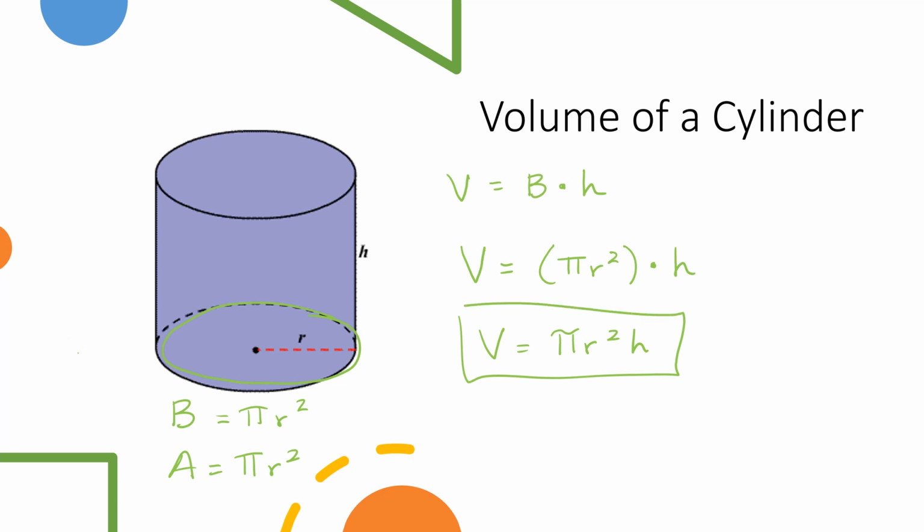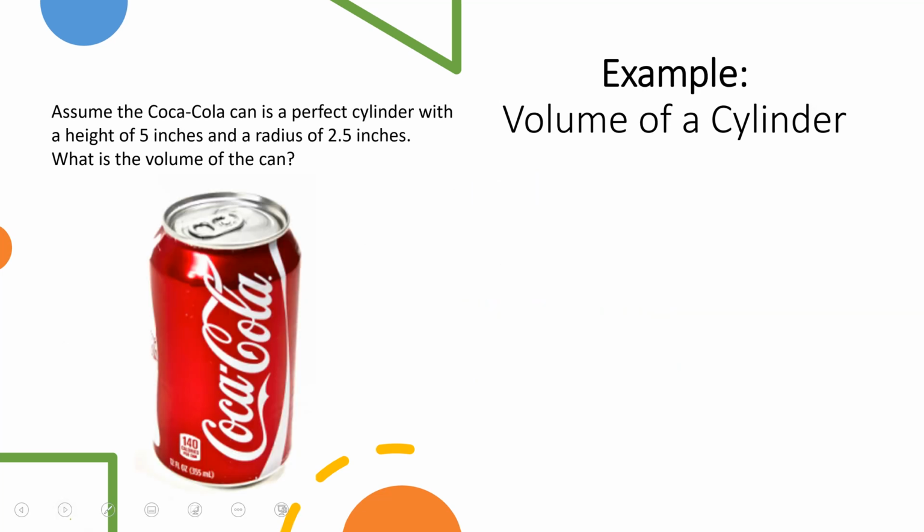All right, let's try that. Let's do an example problem. Assume the Coca-Cola can is a perfect cylinder with a height of 5 inches and a radius of 2.5 inches. So let's write down the things we know. We know this is a cylinder.